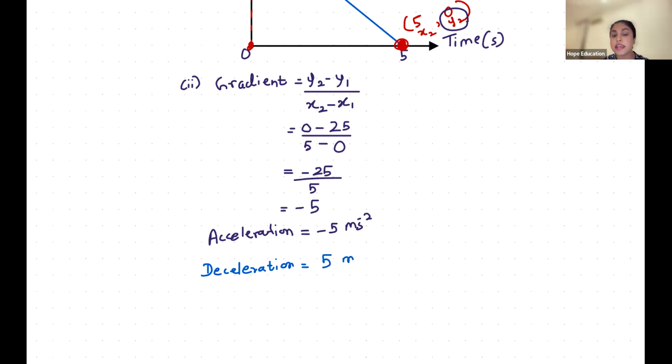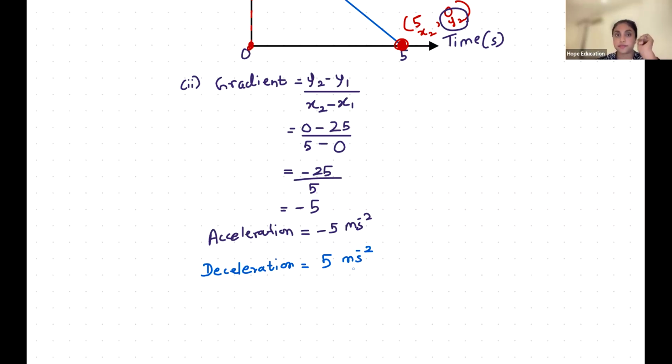Always, if you get a negative value for acceleration, that means the velocity is slowly decreasing. That means it's actually a deceleration. So you remove the minus sign and take the value for deceleration. It's just like when you press the brake, right?